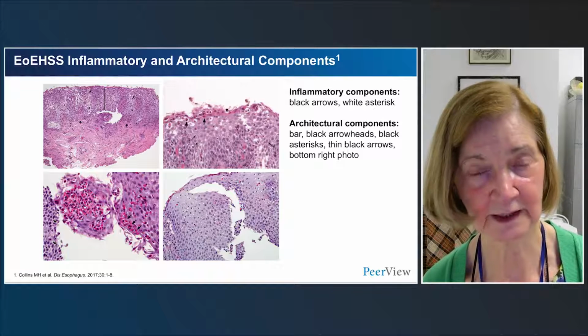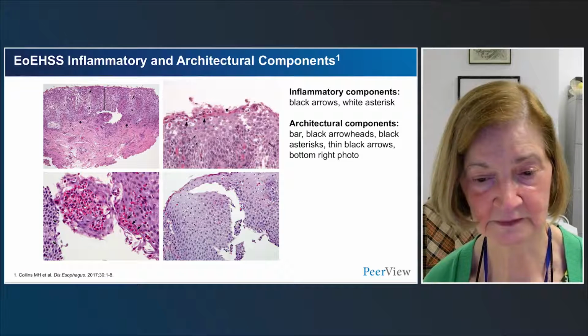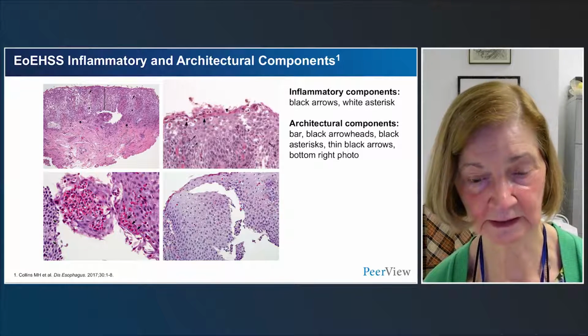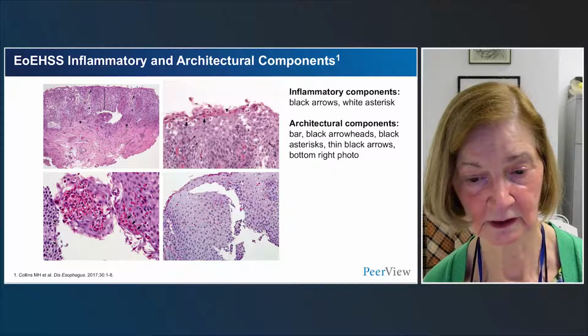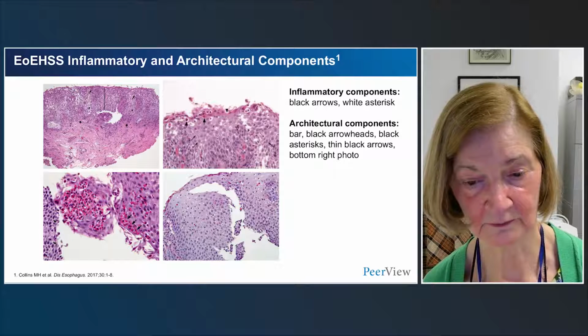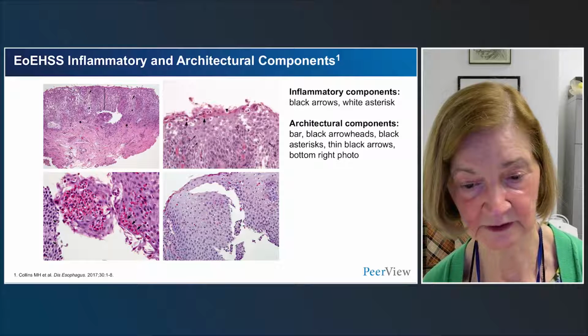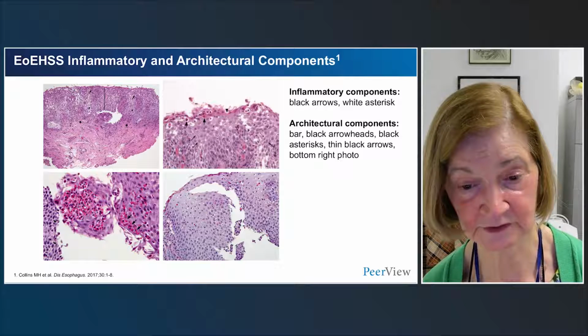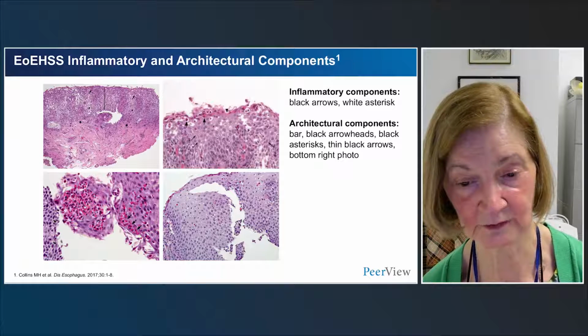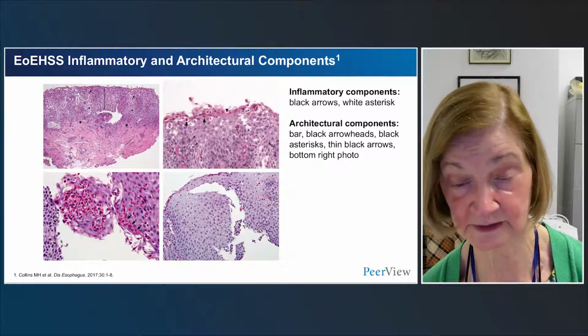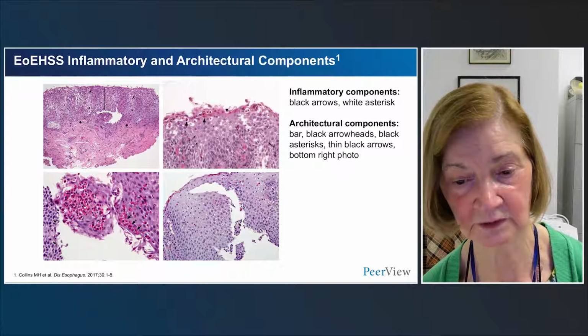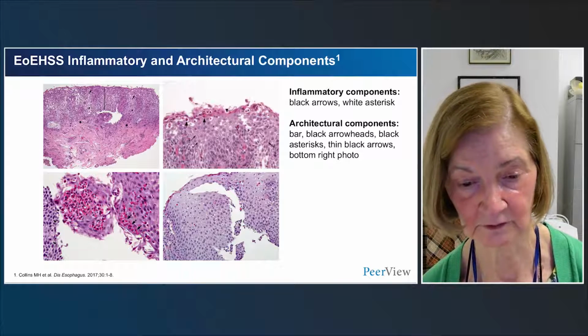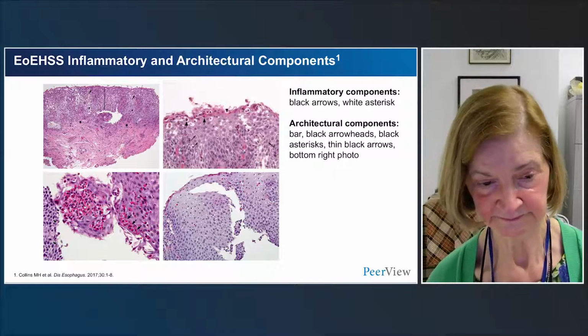And then in the lower right, there are cells that are very pink in color that are dyskeratotic epithelial cells. They are different from eosinophils. They don't have those really red granules in the cytoplasm. They have very pink cytoplasm, but they don't have the granules that are characteristic of eosinophils.